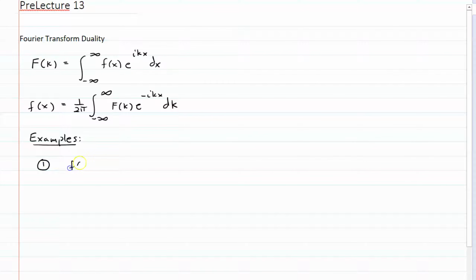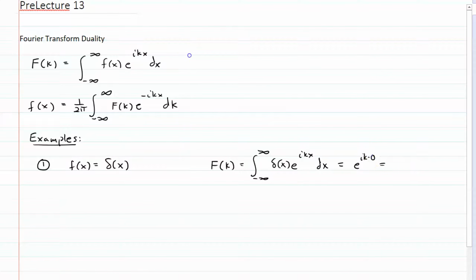Let's say f of x is equal to the delta function, delta of x. What is the Fourier transform f of k? I just take this integral, delta of x, e to the i kx dx. The delta function is only active at x equals 0, and so I get just e to the i k times 0, which is 1.